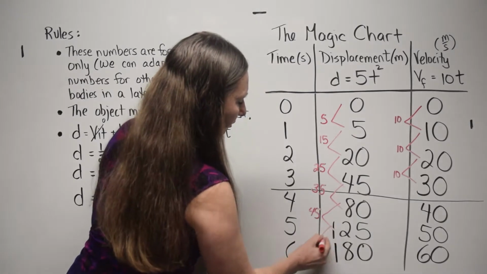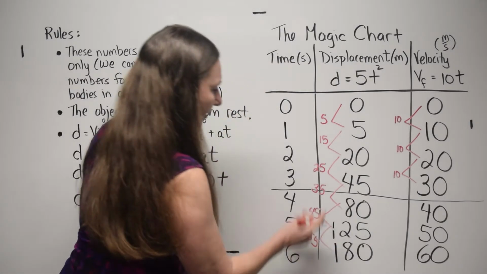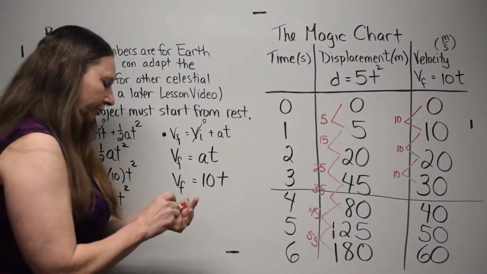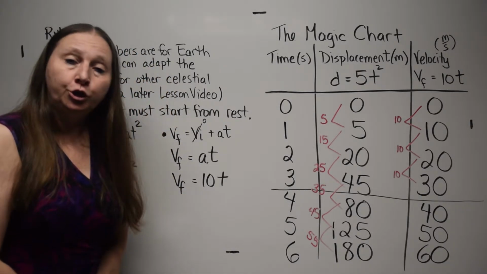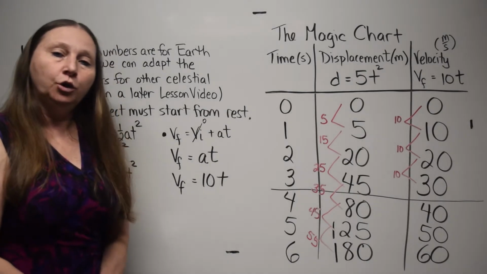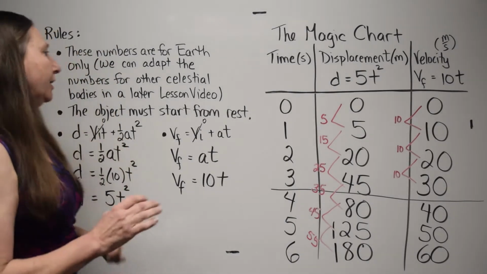And we can imagine that from here to here that must have gone up by 55. We see a pattern for sure. So, the magic chart, and I would absolutely memorize the magic chart.